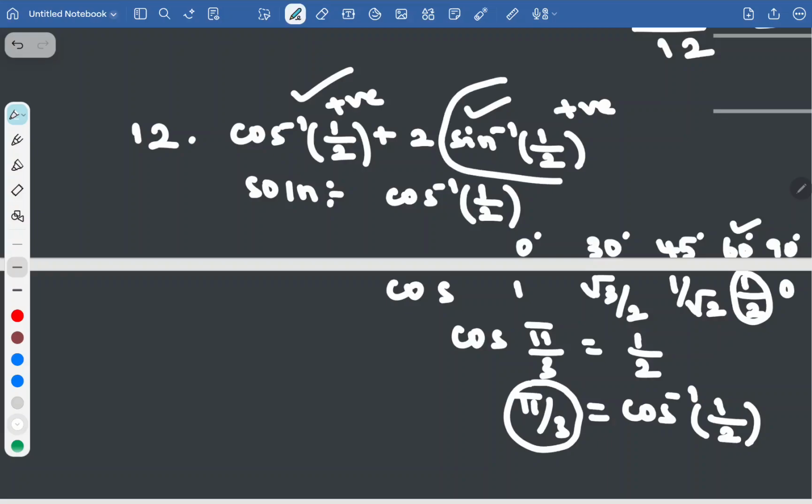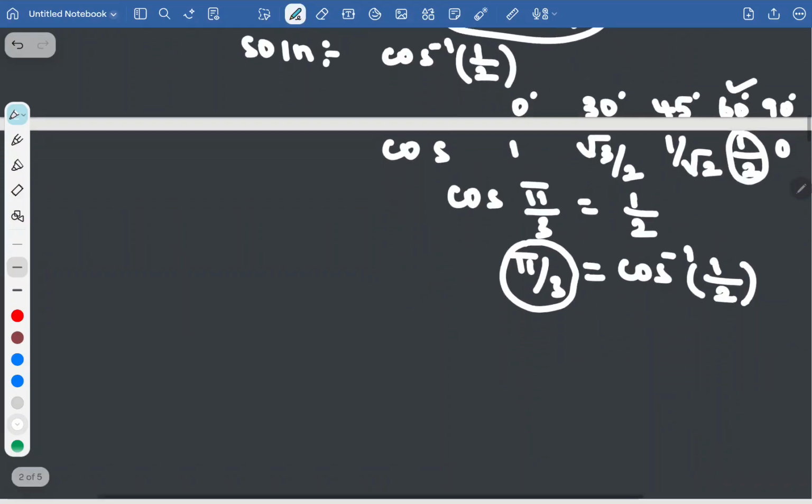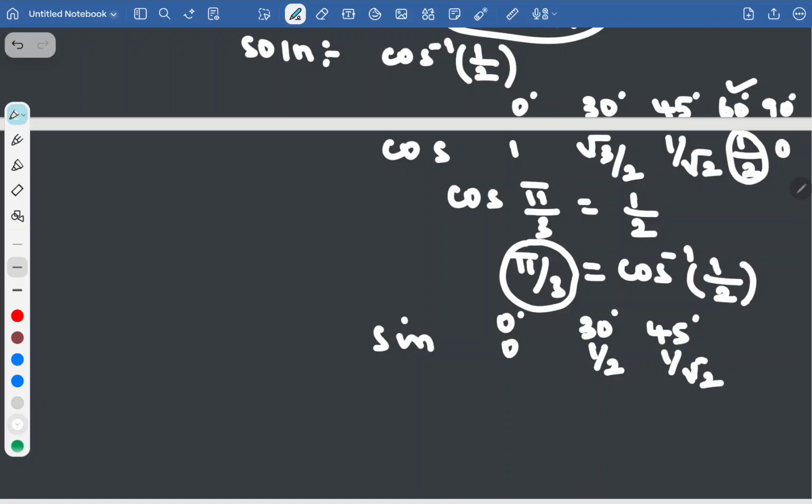Similarly, we have to find sin inverse of 1 by 2. Again, write the trigonometry table: sin 0 is 0, sin 30 degree is 1 by 2, sin 45 degree is 1 by root 2, sin 60 degree is root 3 by 2, sin 90 is 1.